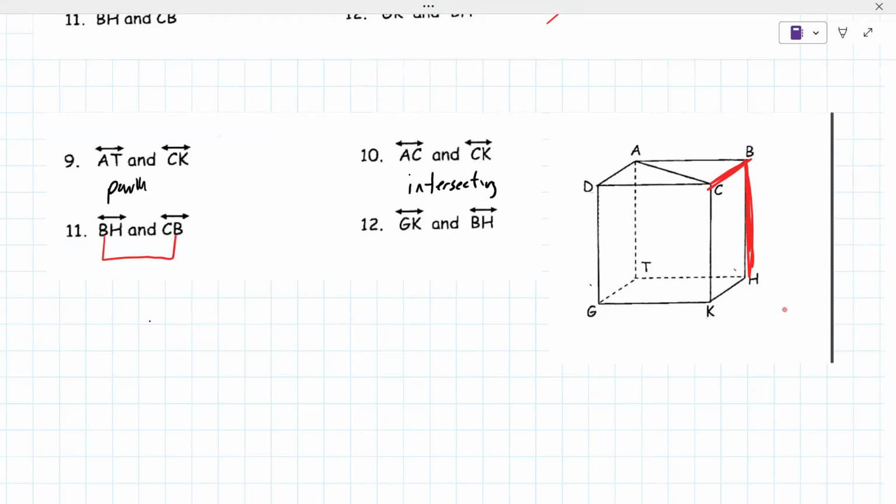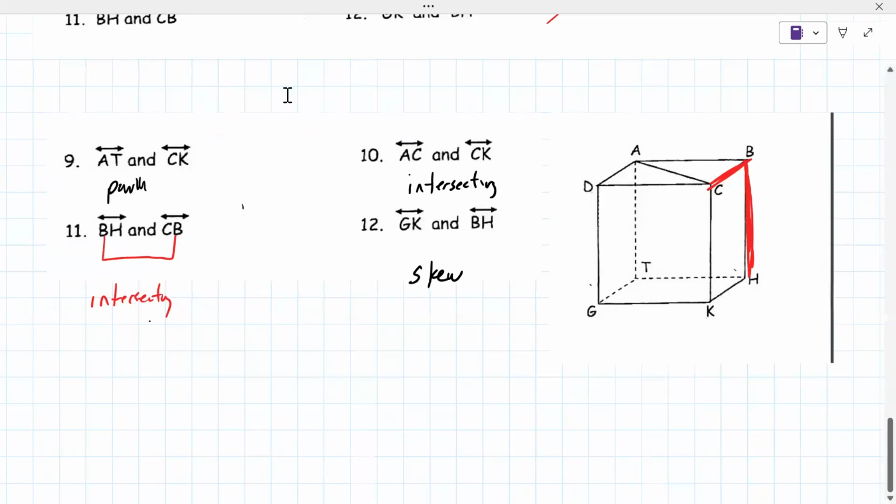They are intersecting. If they share a letter, you already know the answer. Okay, and then GK and BH. Skew.